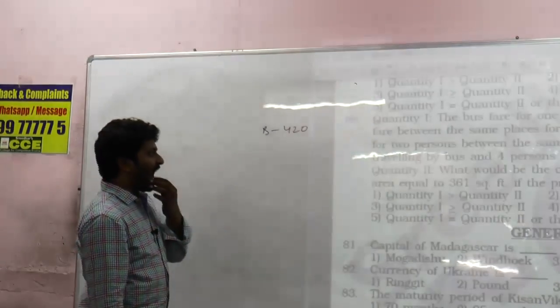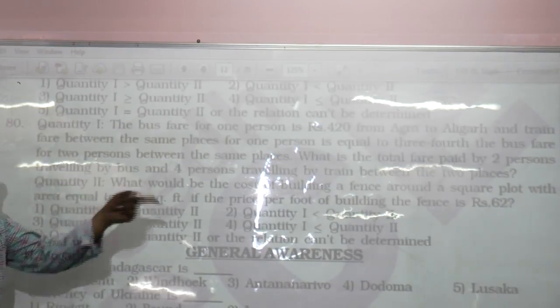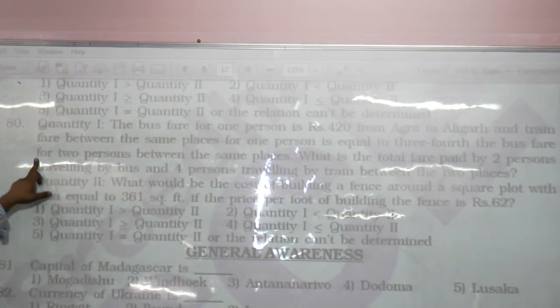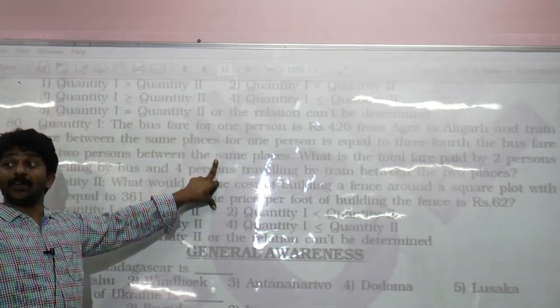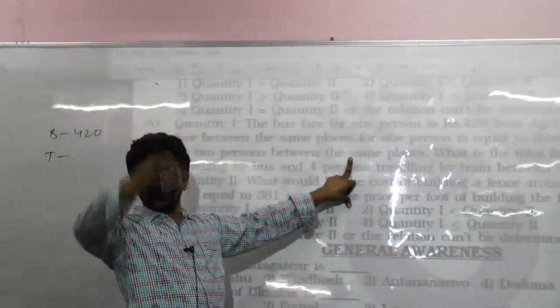The bus fare for one person is 420 from Agra to Aligarh. And the train fare between same places for one person is equal to 3/4 the bus fare of two persons between the same places. 3/4 of two persons bus fare.